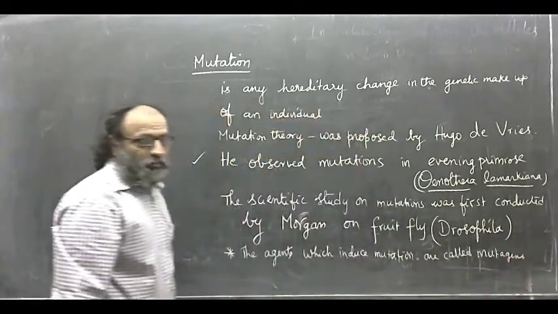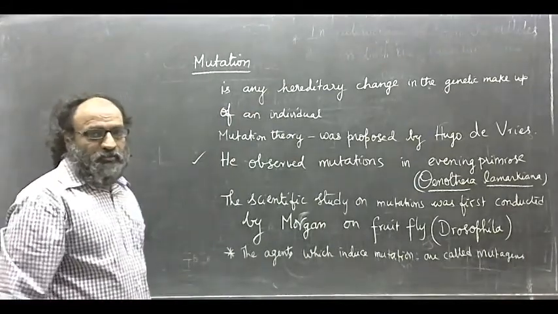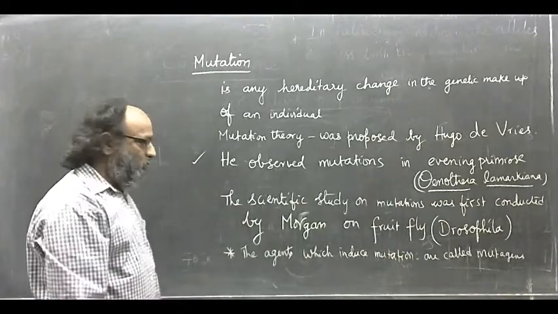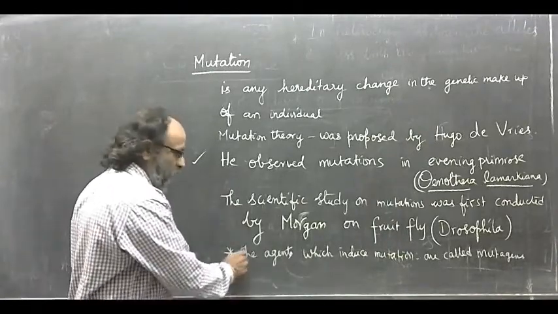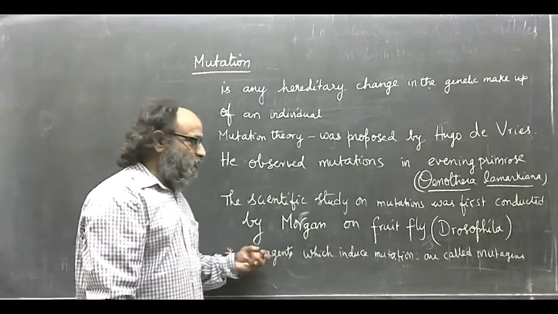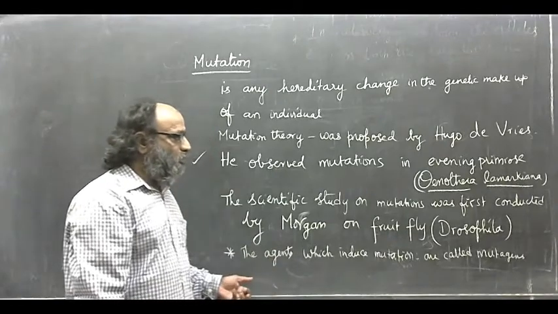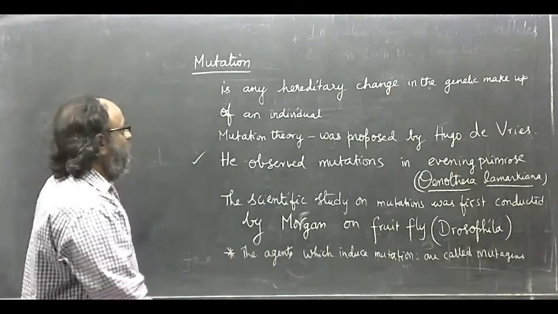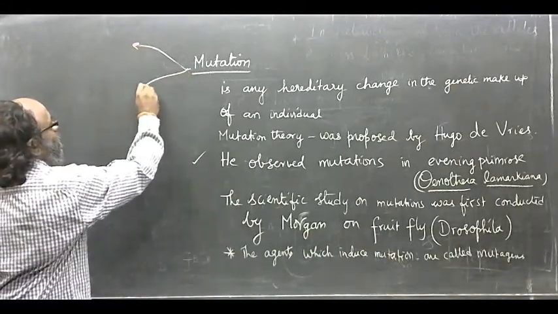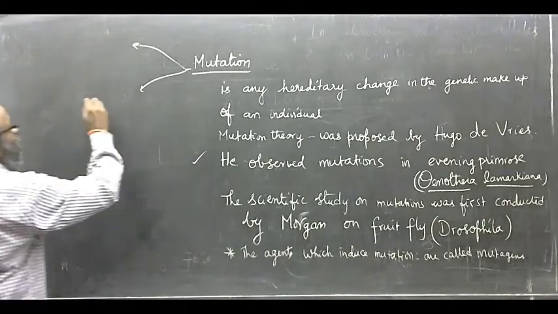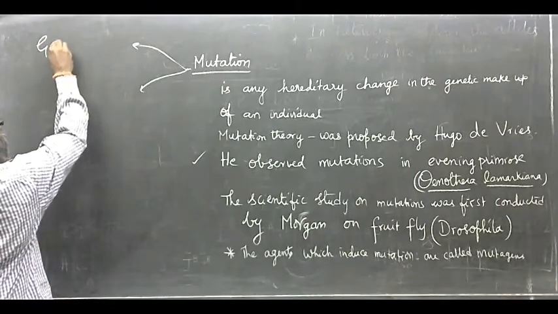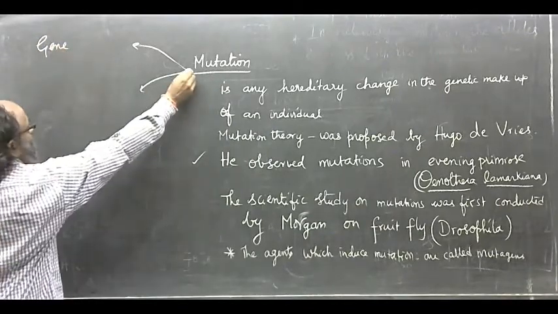There are physical mutagens like X-rays and ultraviolet rays, and there are so many chemical mutagens like colchicine. I have given one example, colchicine. So the agents which induce mutation are called mutagens, and these mutations are broadly classified into three types.